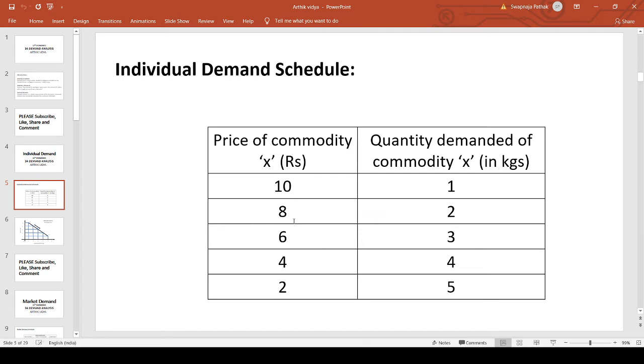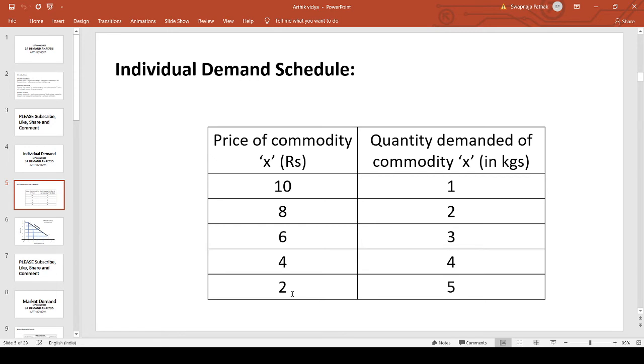It can be observed that less quantity is demanded at rising prices and more quantity of a commodity is demanded at falling prices.